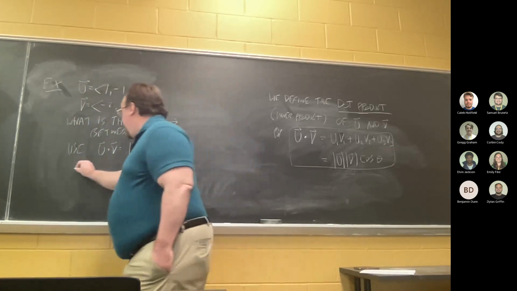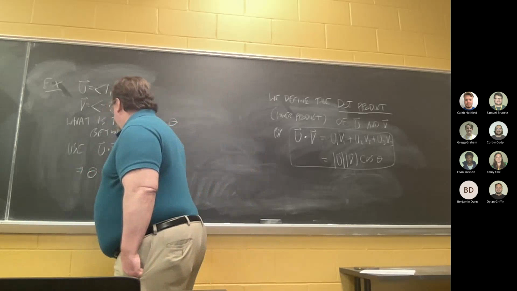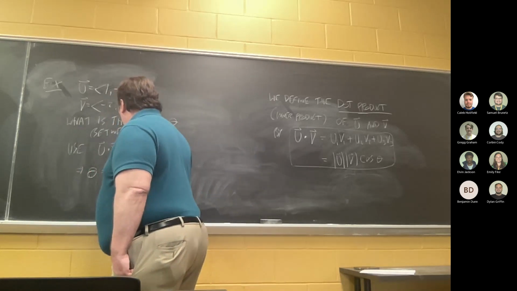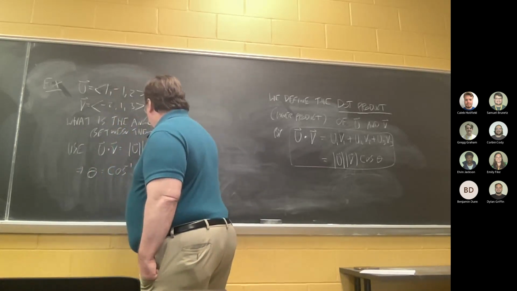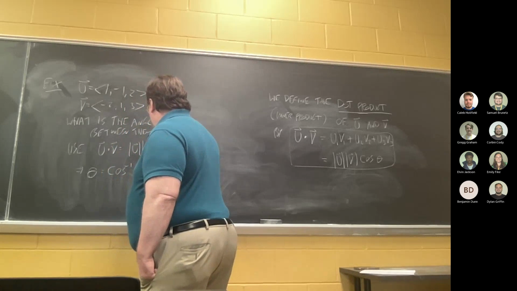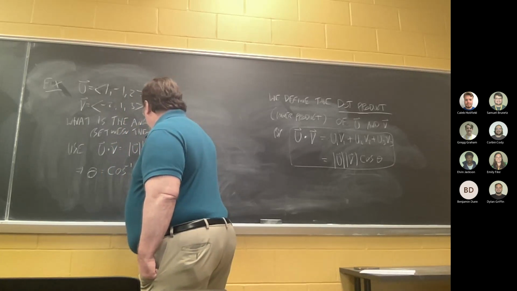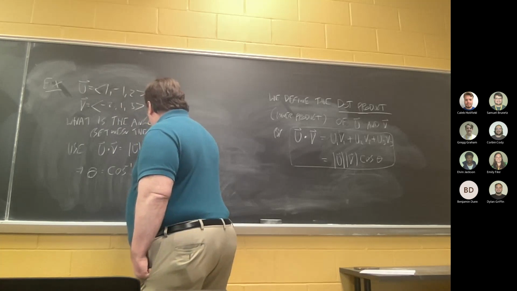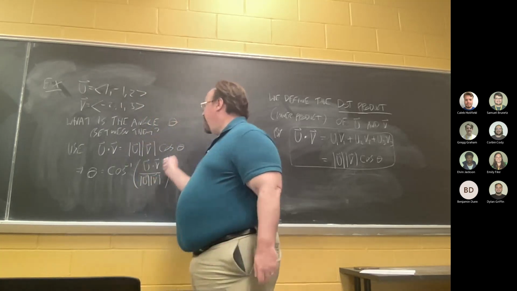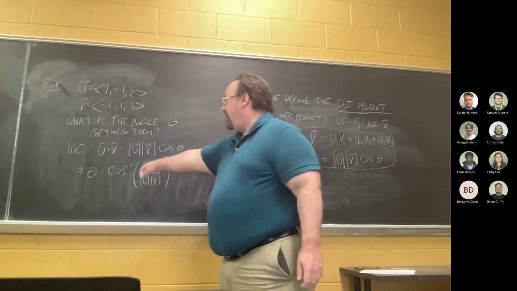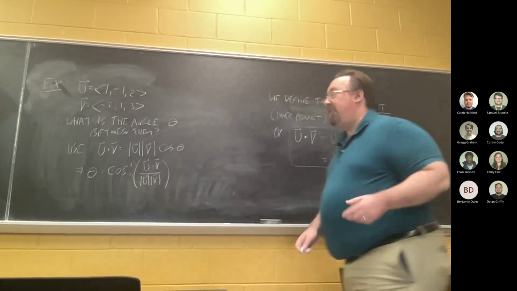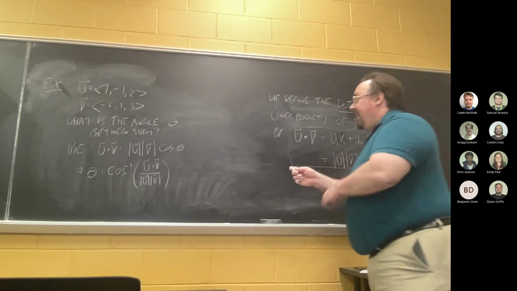In other words, theta is inverse cosine of u dot v over the magnitude of u times the magnitude of v. Just from rearranging this and solving for theta, so this is a good formula to know. The angle is just given by that.